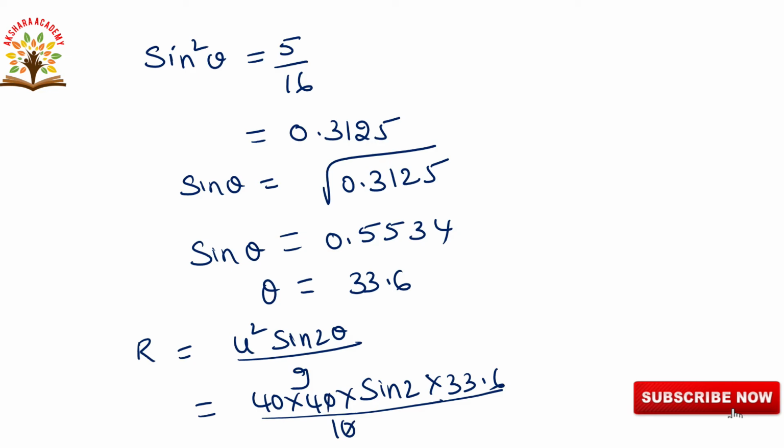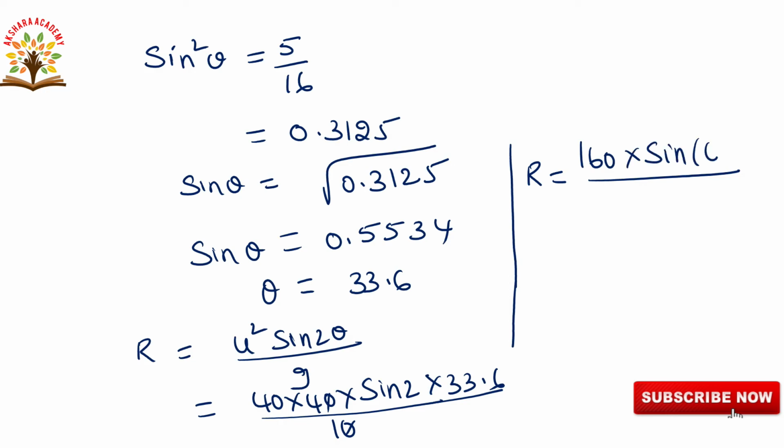Zeros cancel. Here R is equals to 40 into 4 is 160, 160 into sine of 2 into 33.6, that is 67.2.